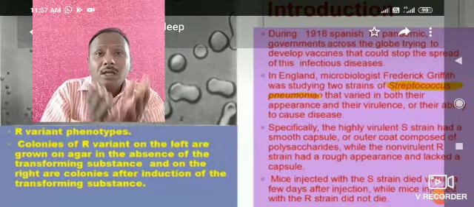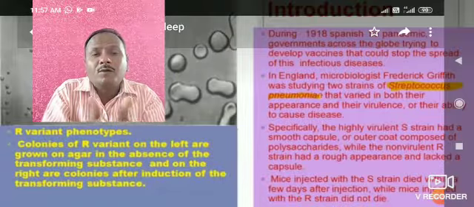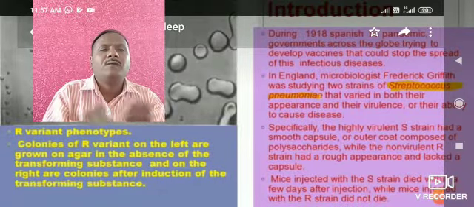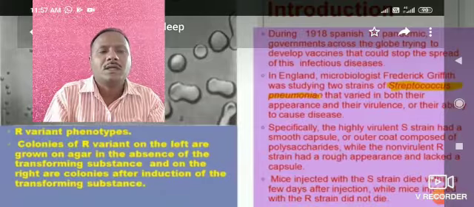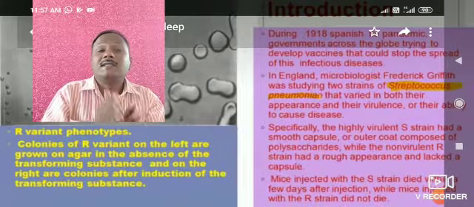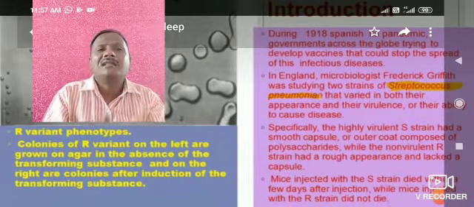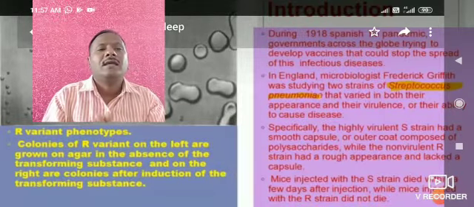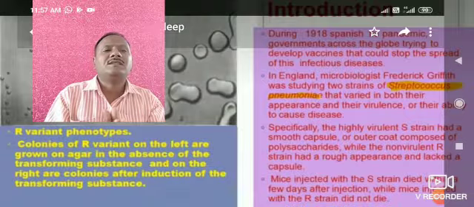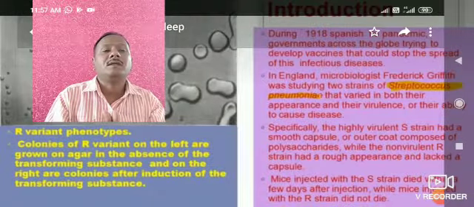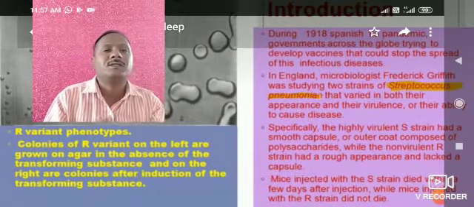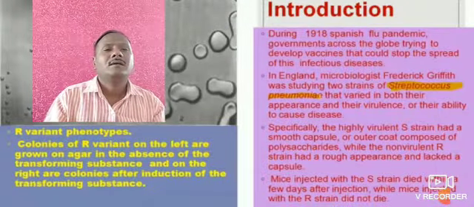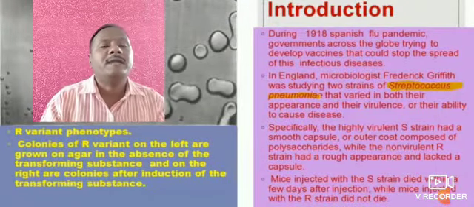Strains means varieties of a microorganism that differ in appearance. One Streptococcus pneumoniae is pathogenic, and another is non-pathogenic. At that time Frederick Griffith carried out an experiment aiming at a cure for the Spanish flu pandemic disease.